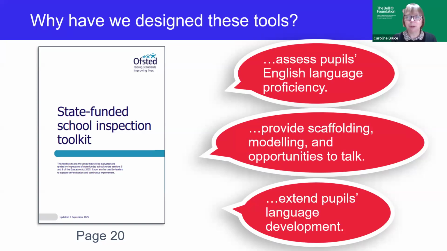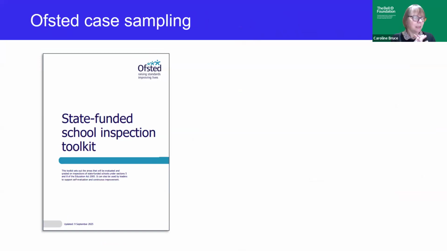And that's why we're really hoping that these tools will be particularly useful for schools in doing so. So again, these 3 points are just a selection of the key points made in the document, and we really advise you to get a fuller picture by looking at page 20 yourselves.